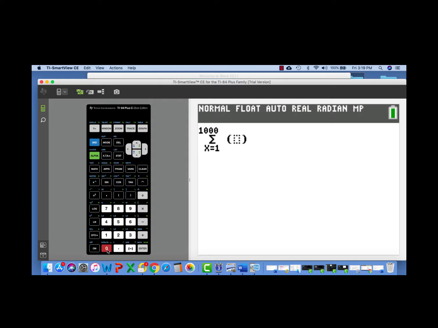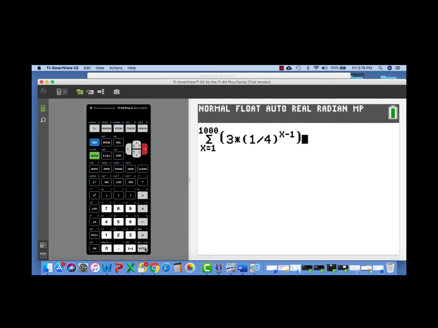because eventually at some point, those values are going to be so insignificant that when we add them in, it's not going to change the value of the sum. So I just put a really big number in there. Then I'm going to put in my nth term. Our first term is 3 times our value of r, which is 1/4, and we're going to raise that to the power of x minus 1.